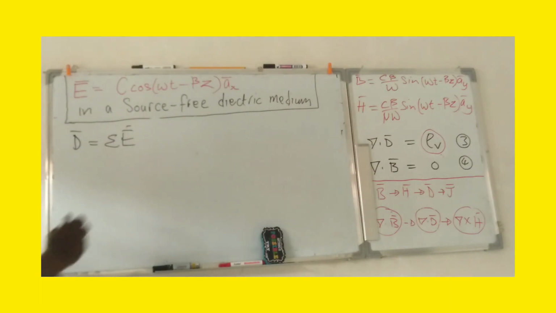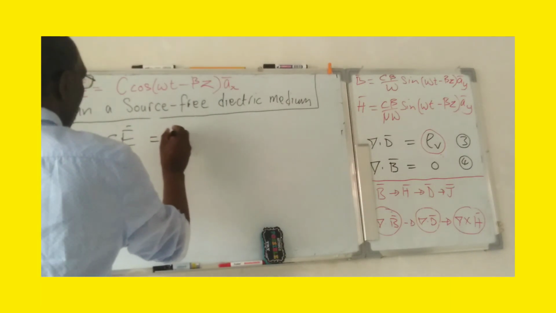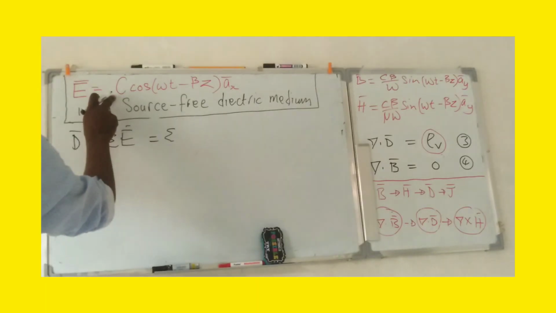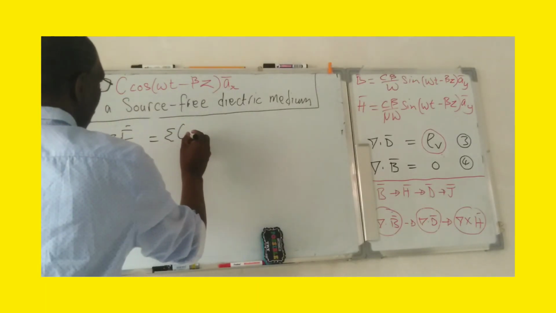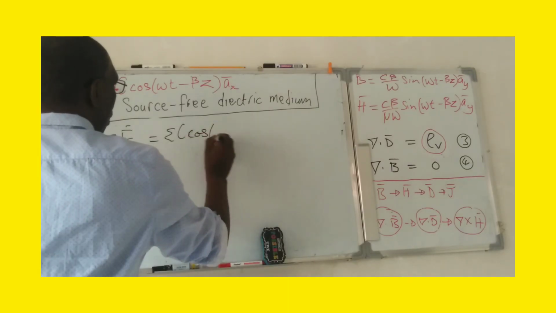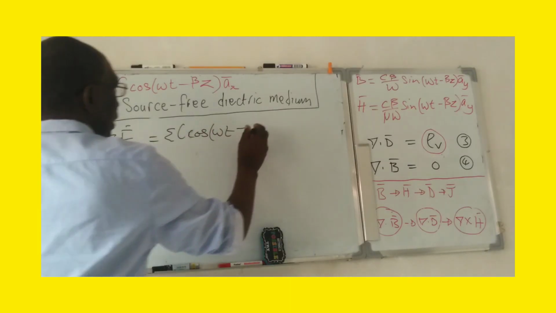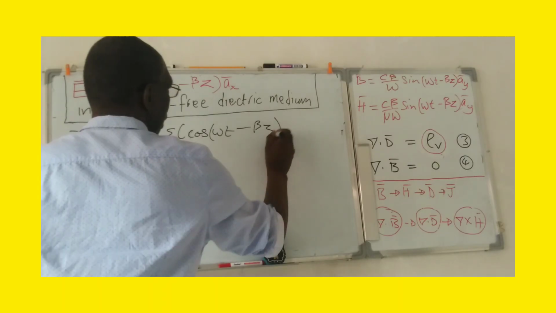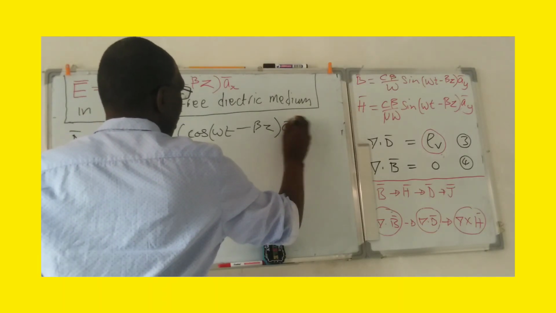So therefore, our D is equal to epsilon C cosine of omega t minus beta z a x.